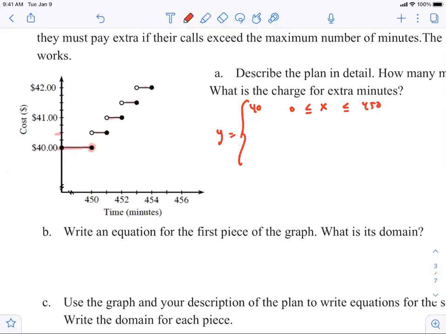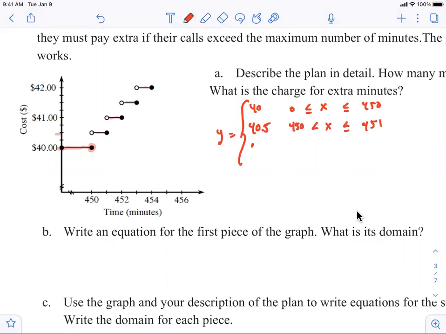What happens now, how does it become $40.50? Sorry for the leaf blower. So it's between 450 and 451. But we don't include the 450, but we do include the 451. Go ahead and try to do the next one.